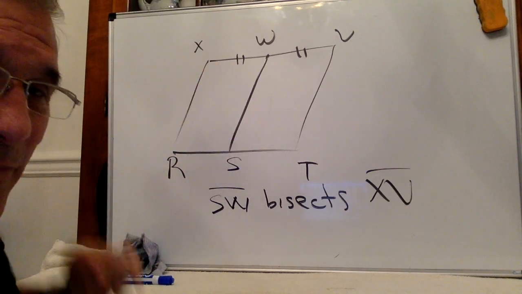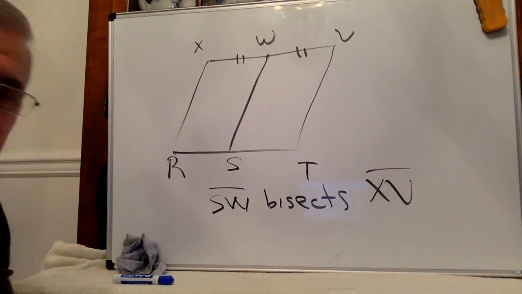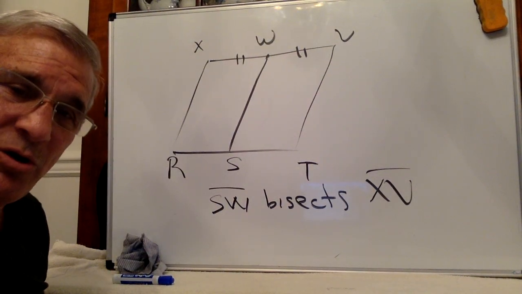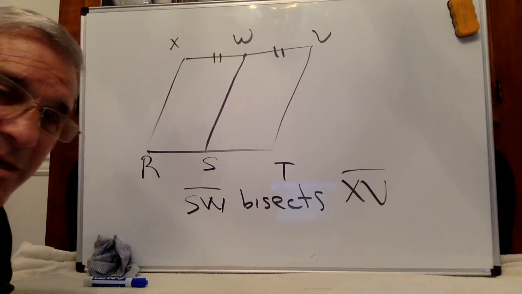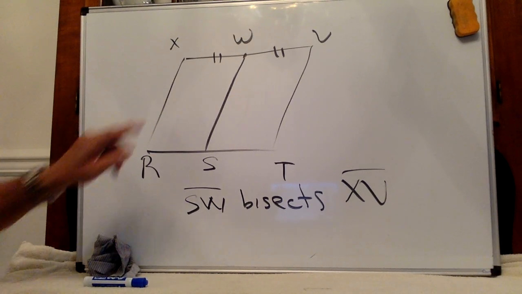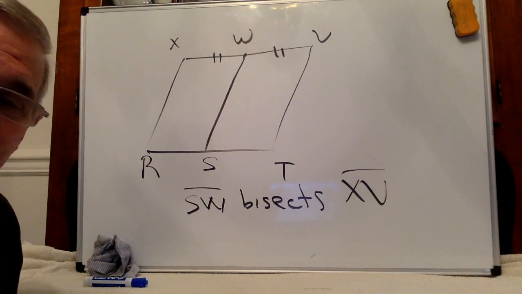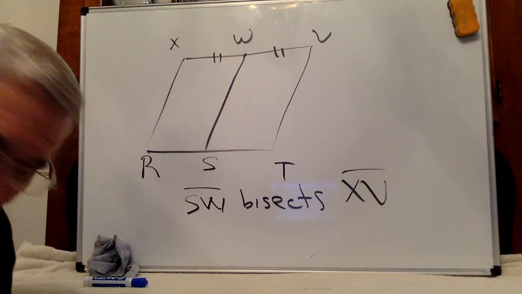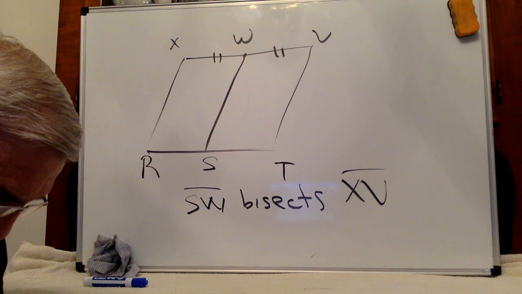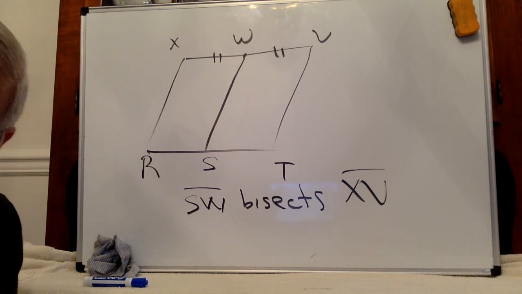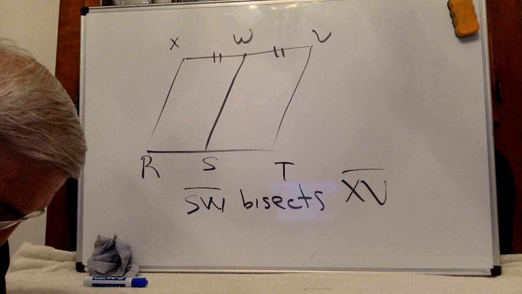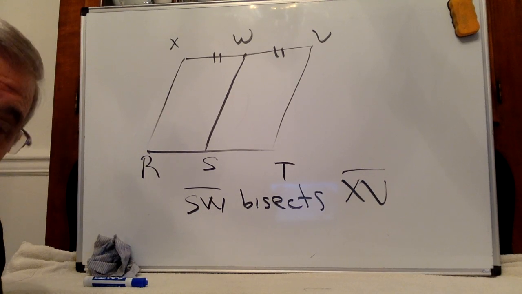It looks like something that you may have talked about in earlier math classes, I'm not sure. But for our purposes, the only thing you can say is XW is congruent to WV. I know nothing else about that figure that I can deductively state. Okay, hopefully you understand that.